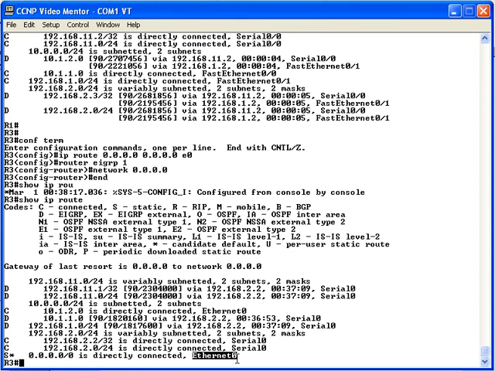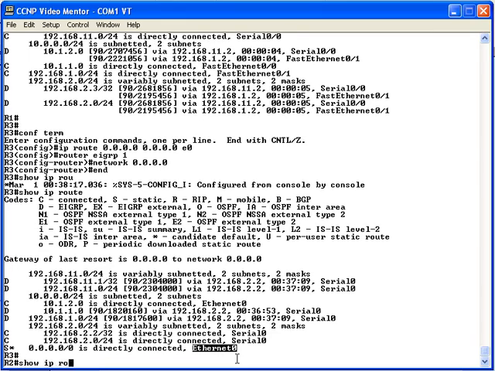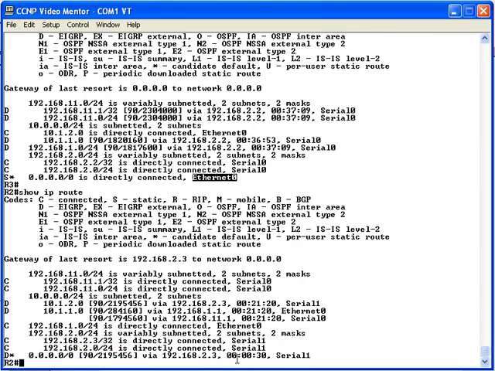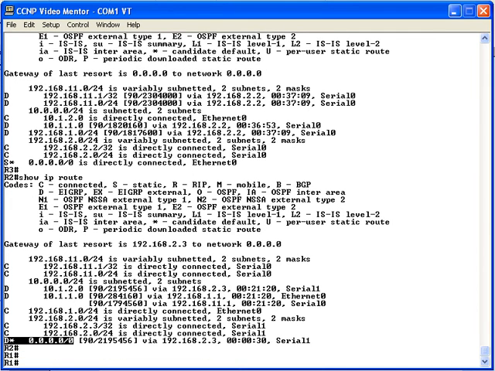Let's make sure that this information was propagated to the remainder of the topology, however. On router R2, if we do a show IP route, great news, we have a default route from the perspective of router R2 that points over to R3 out of interface serial 1. What about router R1? Let's verify that the information made it there as well.